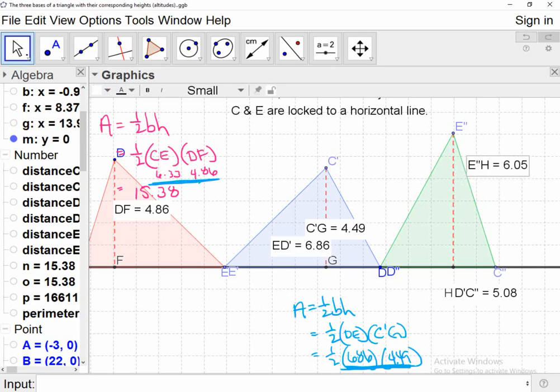So E to that point right there is H. So E to H. And then let's go 1/2 times E double prime H times D prime C double prime.